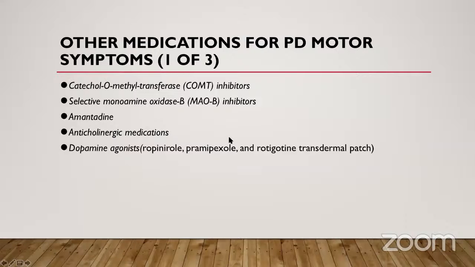Here are the other medications that we can use for PD: COMT inhibitors, MAO-B inhibitors, amantadine, anticholinergic medications, and dopamine agonists like ropinirole, pramipexole, or rotigotine transdermal patches.